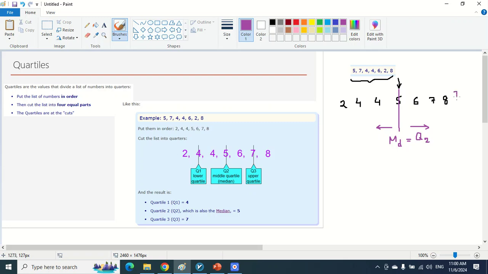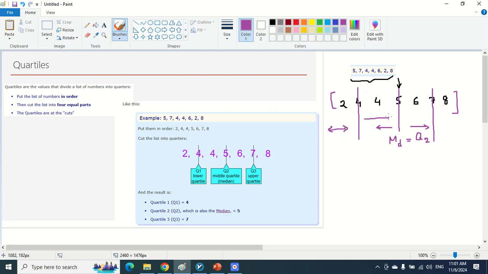Then we divide these numbers into 4 parts. So if we divide it into 4 parts, then this is going to be the splitting part. As you can see, in the middle of each line we have 1 digit. So 2, 4, 6 and 8 are in the middle over here. So we divide this data into 4 parts.